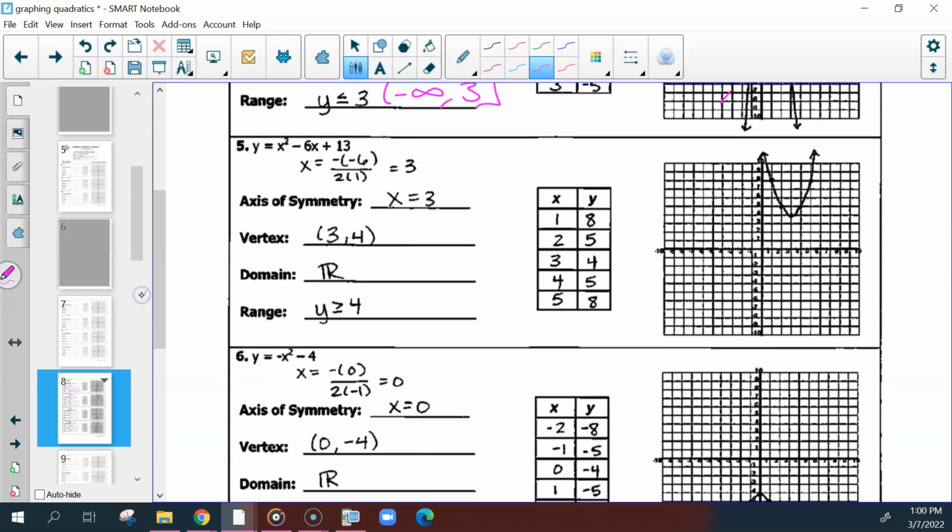Number 5, axis of symmetry, x equals 3, vertex is (3, 4), domain is the same, and range now starts at 4 and goes to infinity. Make sure you have your table so that way you can fill in your graph.